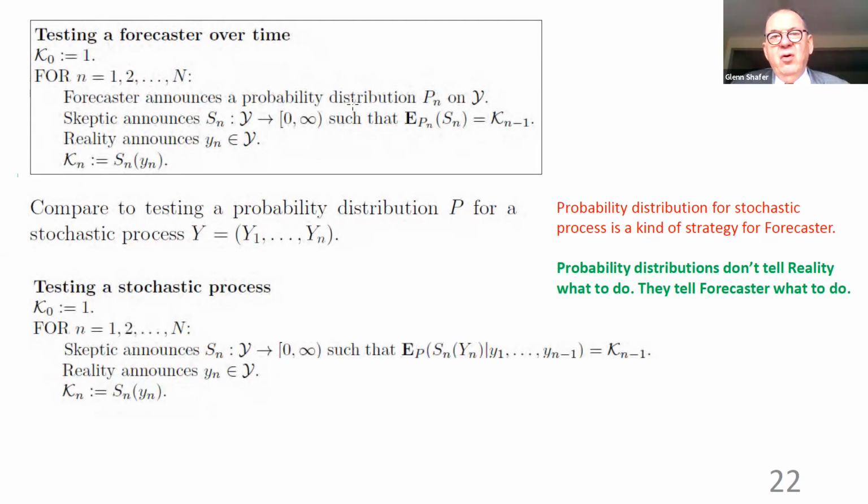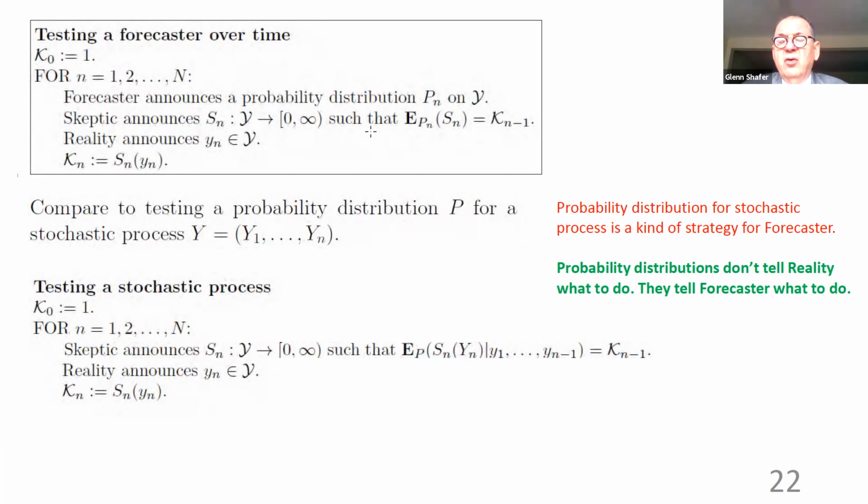If you give a strategy to forecaster, that's like giving a joint probability distribution. They're the same thing. A joint probability distribution for the stochastic process is the same thing as a strategy for forecaster in this protocol.